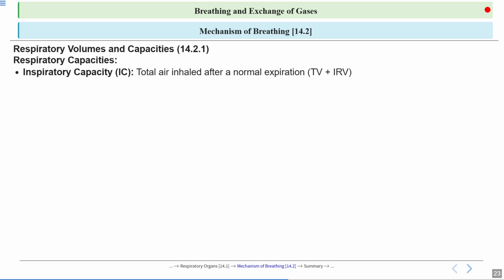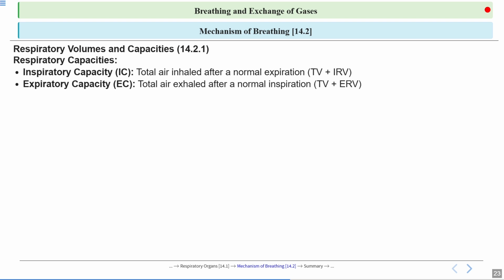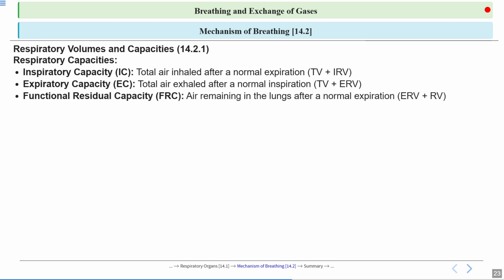Now next one is inspiratory capacity. This is the total air inhaled after a normal expiration. This is tidal volume plus inspiratory reserve volume. You should remember this formula. Then expiratory capacity, this is total air exhaled after a normal inspiration. This is tidal volume plus ERV. Then you have functional residual capacity. This is the air remaining in the lungs after a normal expiration.